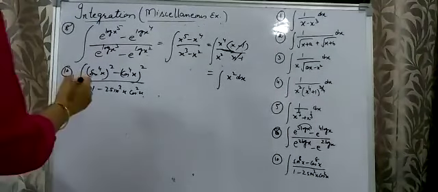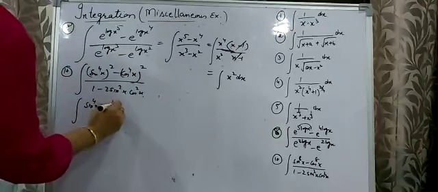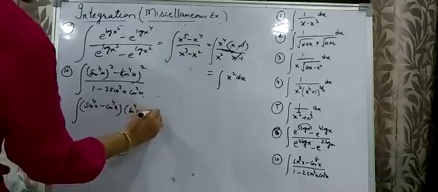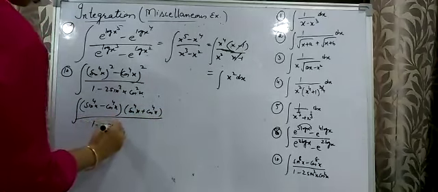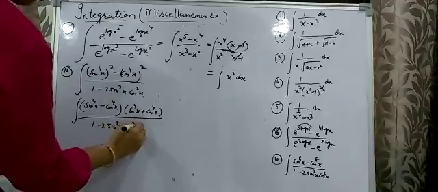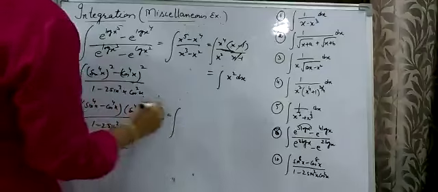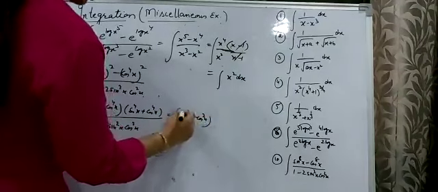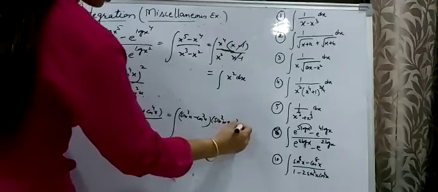So after factorization, this is sine 4x minus cos 4x, and this is sine raised to power 4x plus cos raised to power 4x upon the same thing. After further and further factorization, this comes out as sine square x minus cos square x plus sine square x plus cos square x.